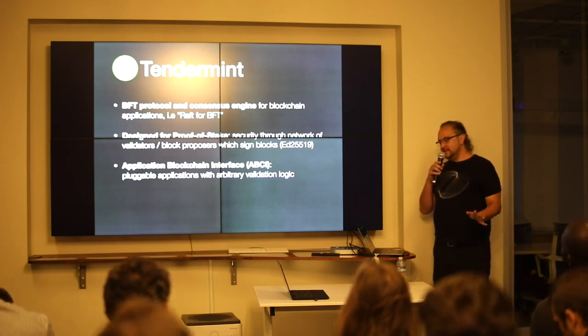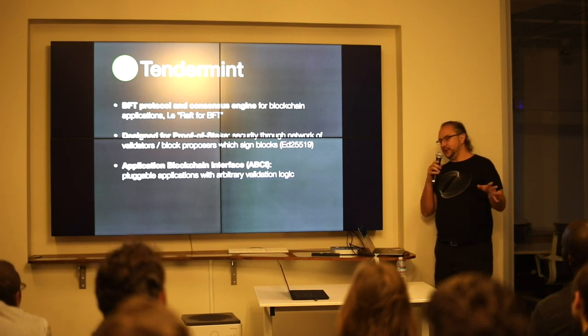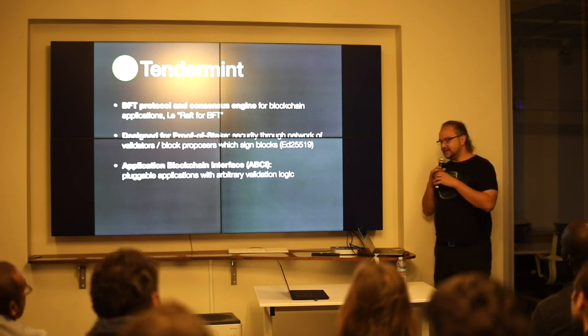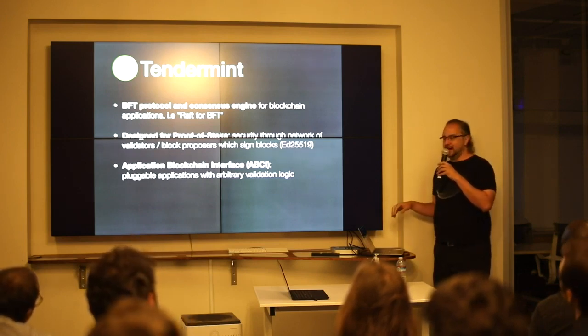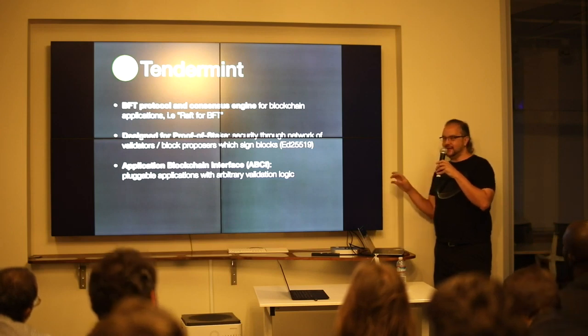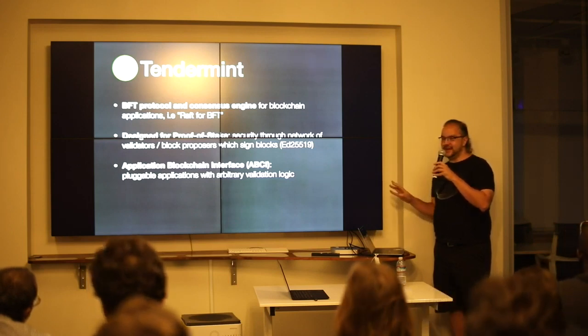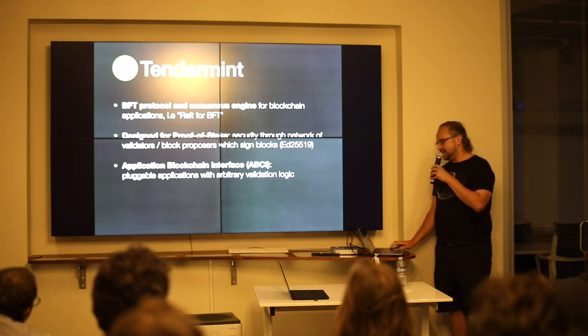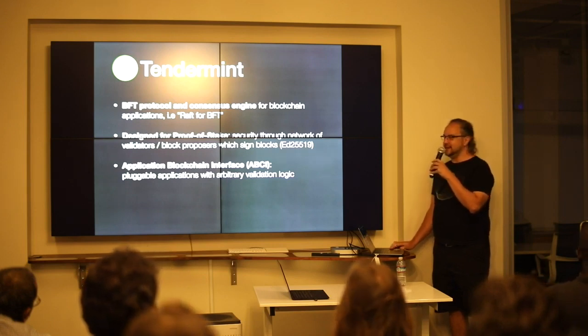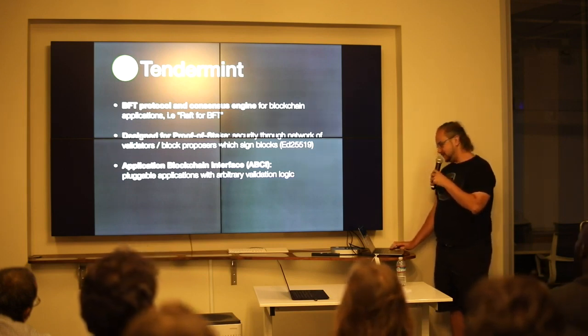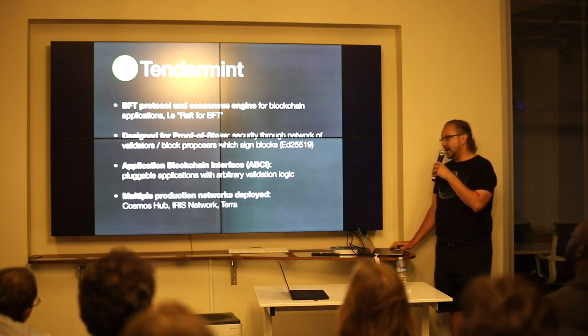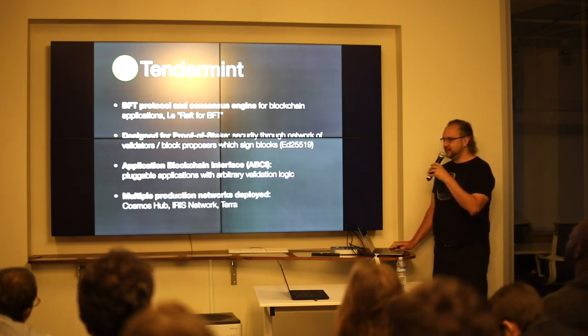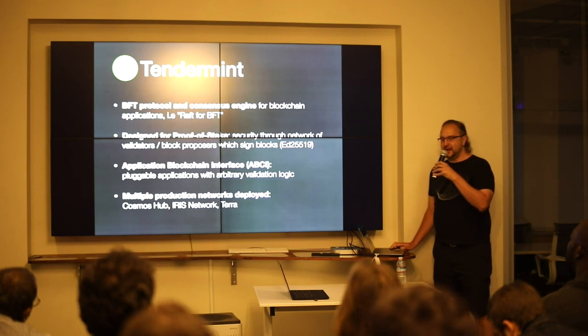So you can plug in WASM or what have you. The idea being that Tendermint can unite all of these different blockchain networks together through this protocol called IBC, the Inter-Blockchain Communication protocol.